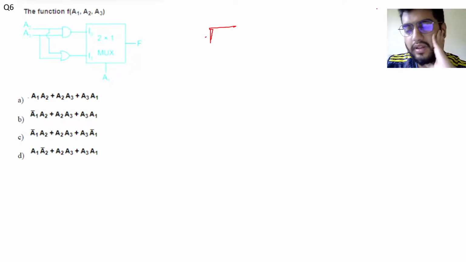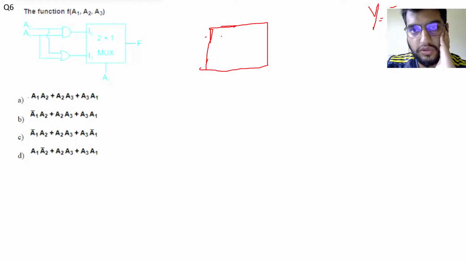For a 2 to 1 mux, we know that y is equal to s bar I0 plus s I1. Let's draw the mux here. This is our 2 to 1 mux, and the select line to this mux is A1.